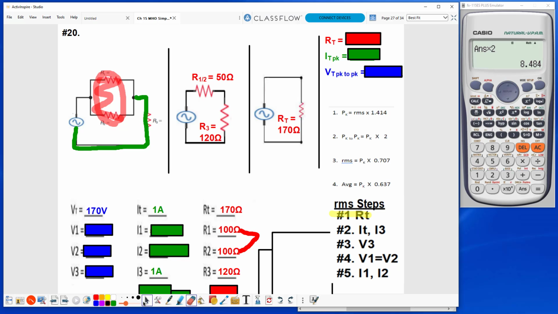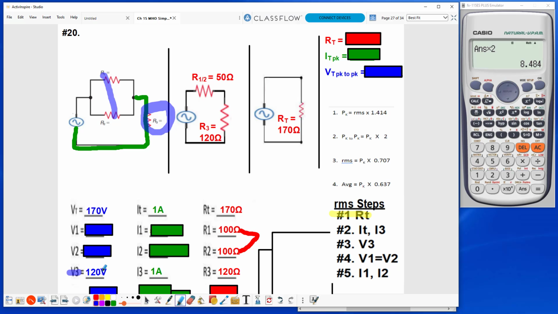Now we can find V3 by taking I3 times R3. This will give us the value of V3, 120 volts. Now, as I said, R1 and R2 are in parallel, so that tells us that V1 and V2 will be the same because voltage stays the same in parallel. But it can't receive the full 170 volts because we dropped 120 volts at our R3 right here.